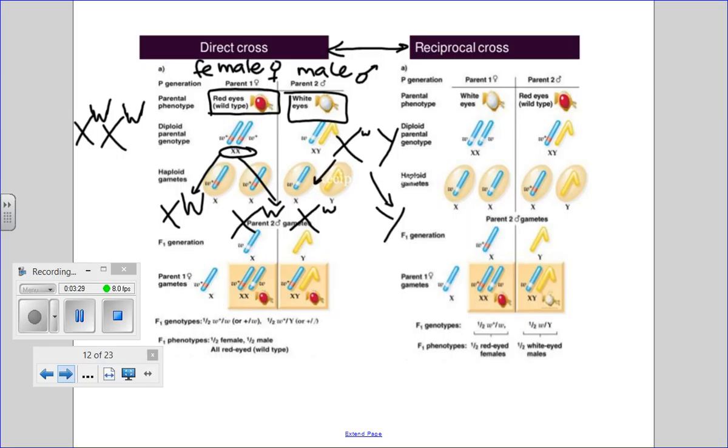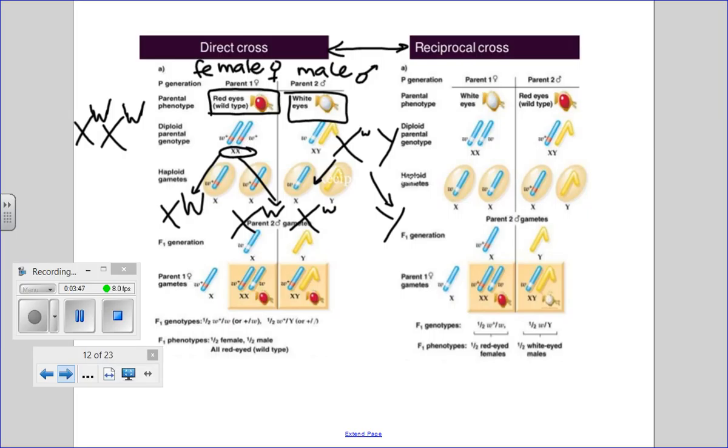So remember, a gamete always has the haploid number of chromosomes, half the number of the parent. Since the parents have 2 sex chromosomes, the gametes will always only have 1, so that when they meet up with each other, the offspring will have 2 sex chromosomes.